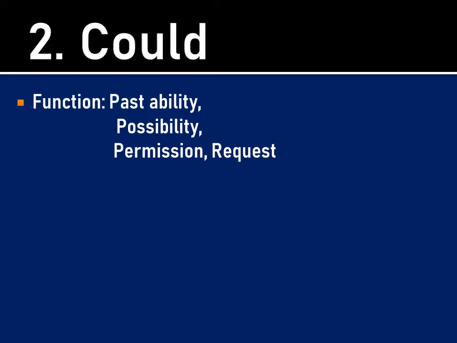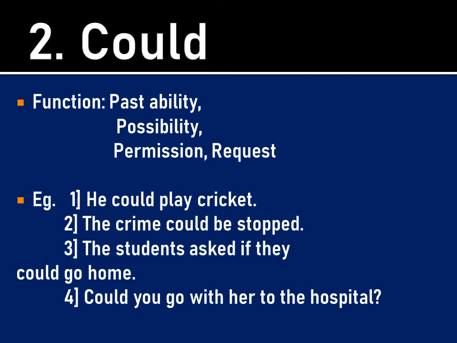Let us look at the modal auxiliary could. Could is used to show past ability, possibility, permission, and request. Let's look at the examples. He could play cricket.